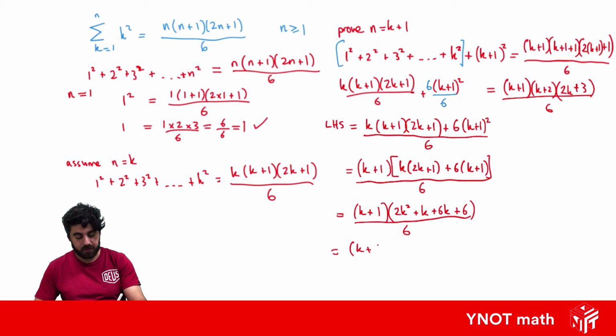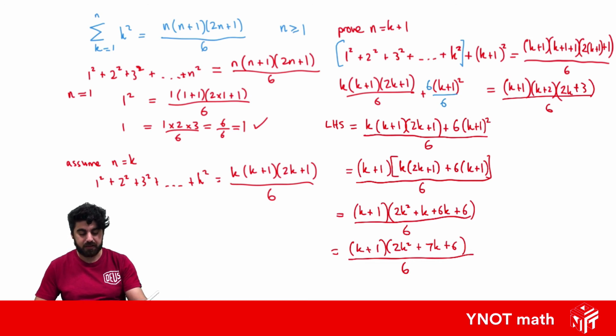Get k plus 1 times 2k squared plus 7k plus 6 all over 6. And let's see if we can factorize that quadratic inside the bracket and make it a bit nicer.